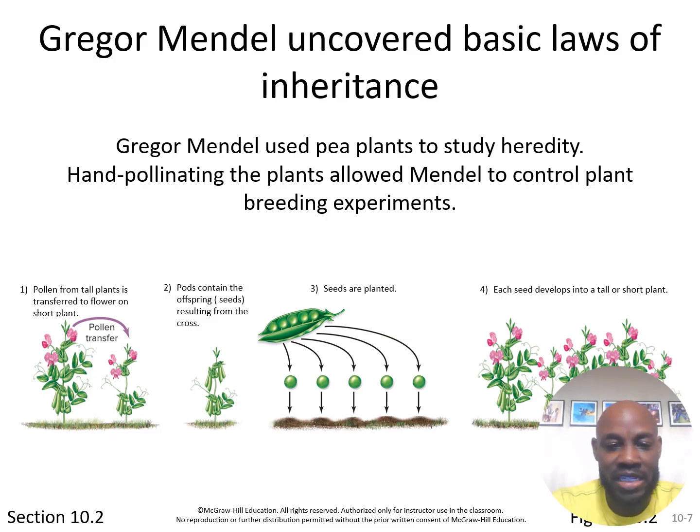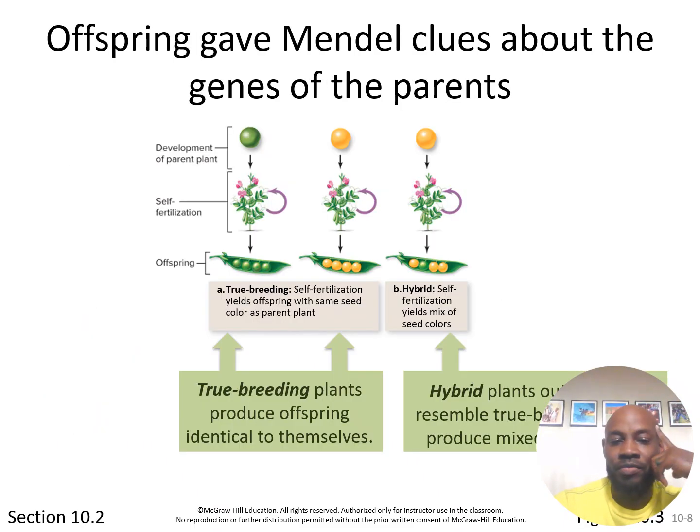Mendel used the pea plant. Plants are very easy to control, and he was able to pollinate one plant with another, which is sort of like how plants have sex. Not really sex, but they can pollinate, so one can breed with another. Then he planted the seeds and saw what happened.